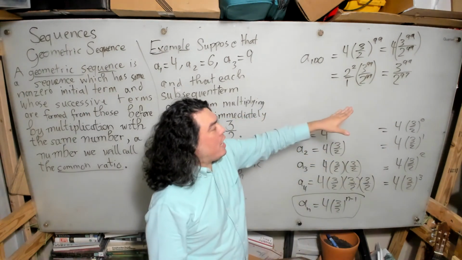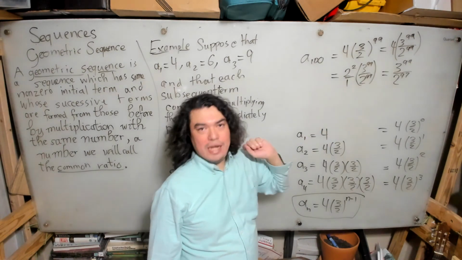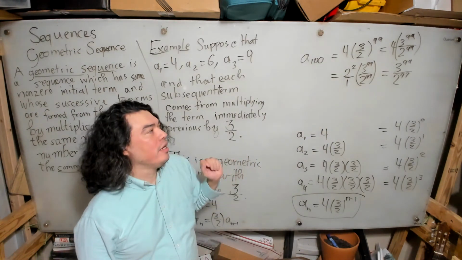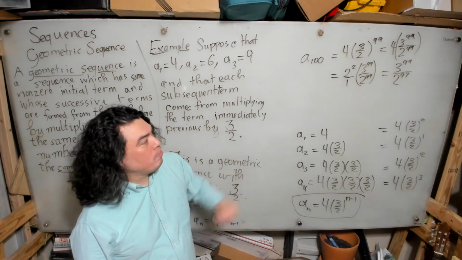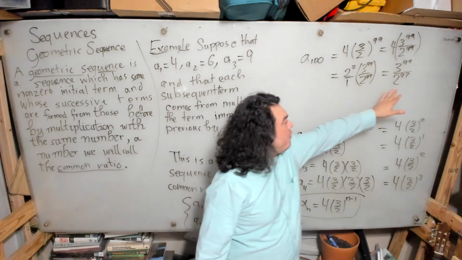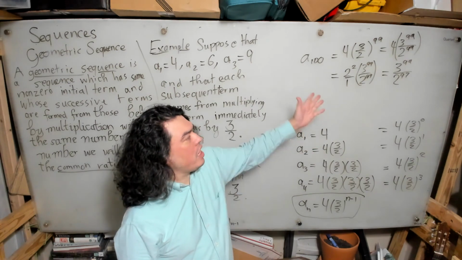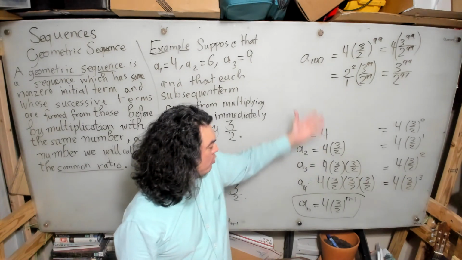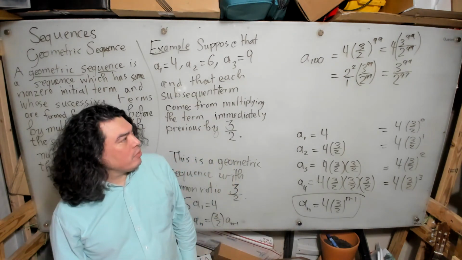Now, to actually calculate the value of 2 to the 97 or 3 to the 99 is a very, very non-trivial thing, but I have an accurate and correct expression for the numerical value of the 100th term of the sequence, and I calculated it in a few seconds with the rules of algebra based on the formula for the nth term of the sequence.